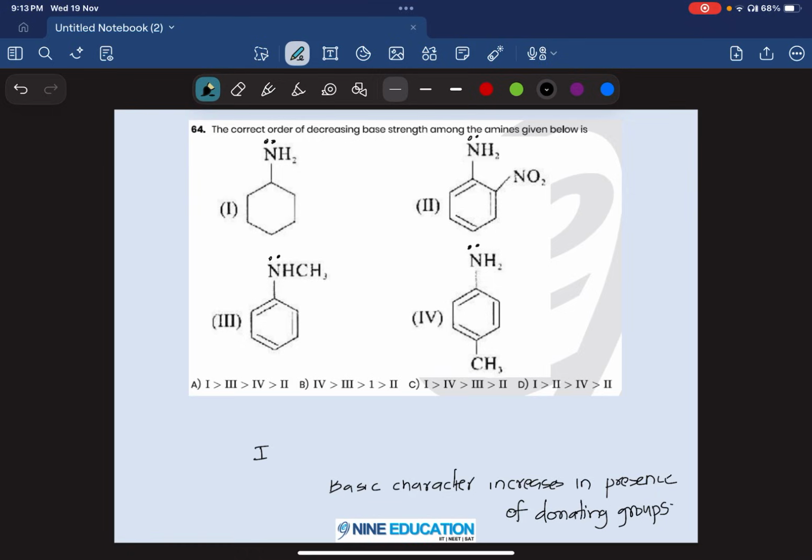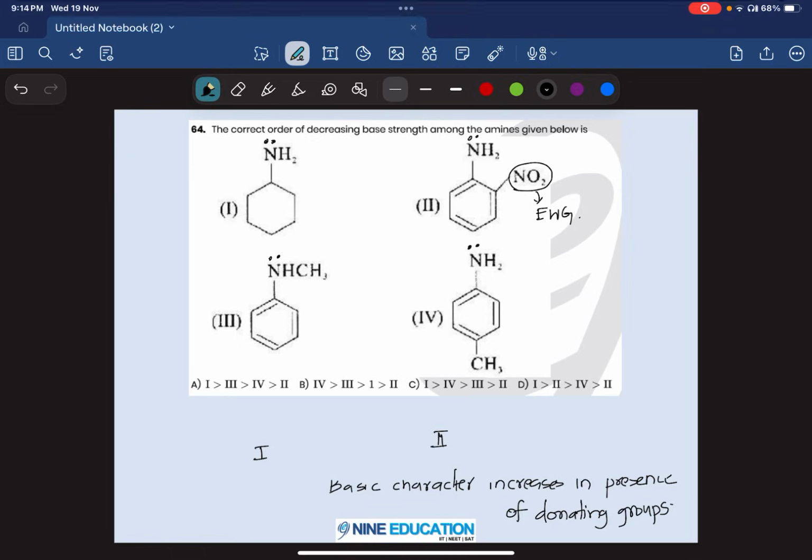That's why out of all the options, option 2 will have the least basic nature, because in option 2 the NO2 group is an electron withdrawing group. It will further decrease the electron density in the ring, due to which the nitrogen won't be able to donate the lone pair that easily.